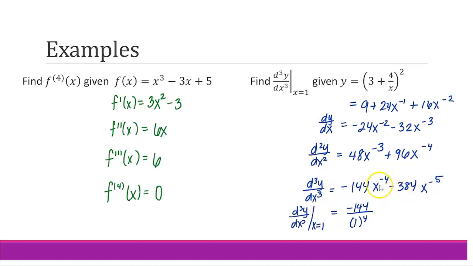So I'm plugging in 1 here. I'm thinking about, that would be 1 to the positive 4 if it's on the bottom. And then minus 384 over 1 to the positive 5th. So really it's just negative 144 minus 384. Negative 528. So my answer was a specific number because I was plugging in a number into the derivative, the third derivative.